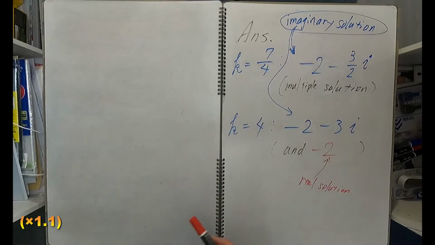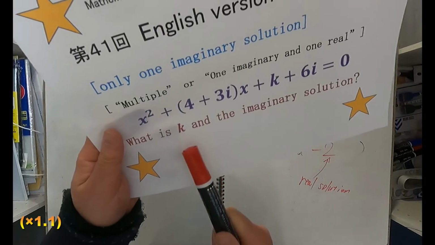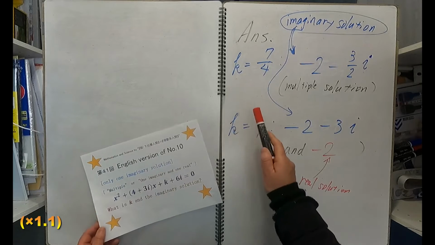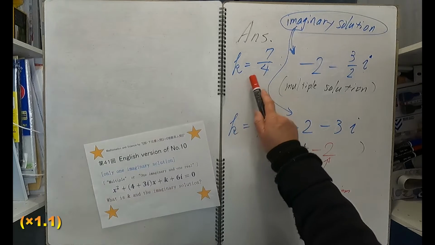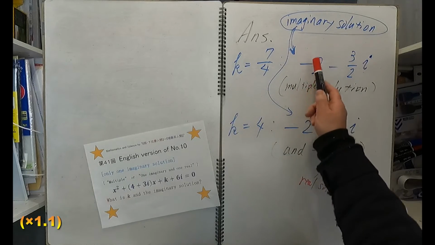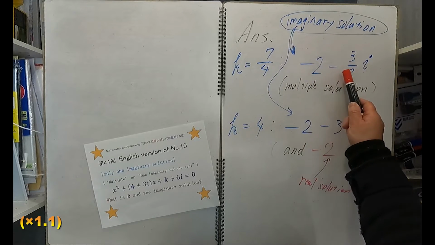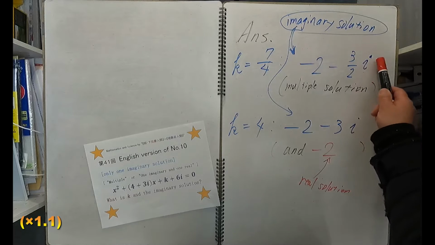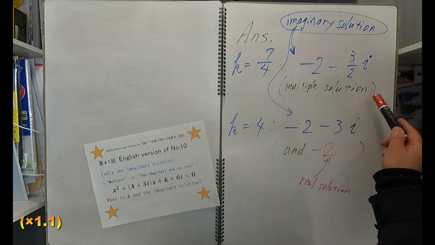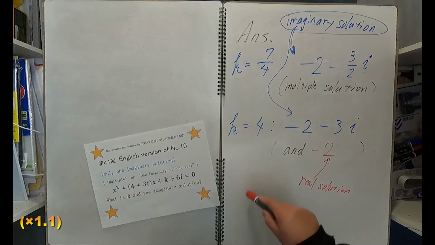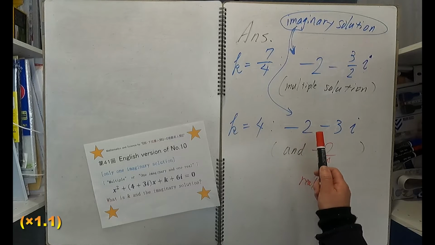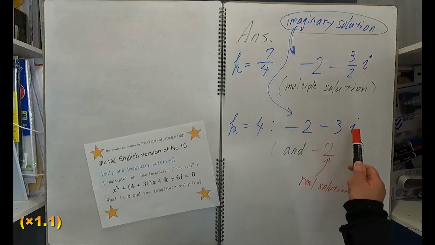So the answer is, we have to get k and the imaginary solution. If k equals 7 over 4, the imaginary solution is minus 2 minus 3 over 2 i. This case is the multiple root case. And another answer is, if k equals 4, the imaginary solution is minus 2 minus 3i.